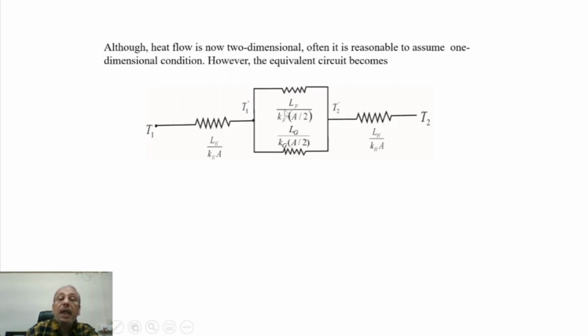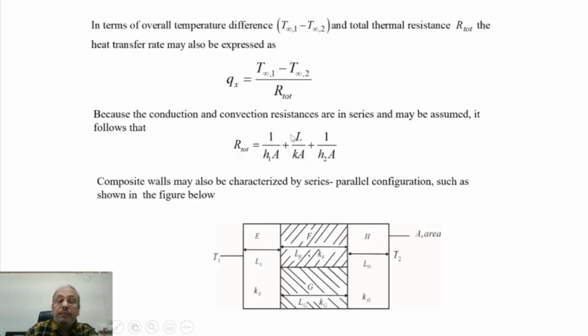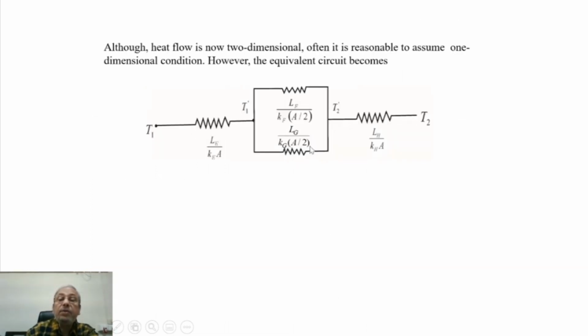One is LF divided by KF into A by 2, another is LG divided by KG into A by 2. And between T2 prime and T2, the resistance is given by LH divided by KH into A.